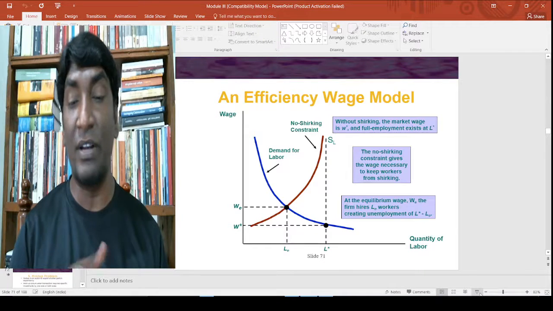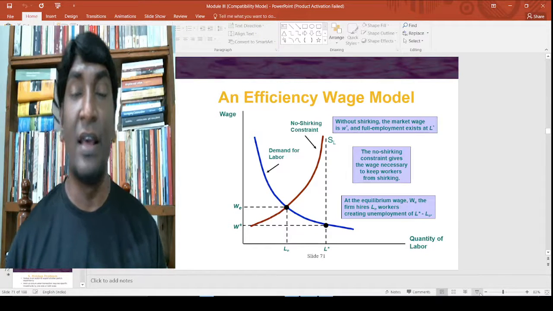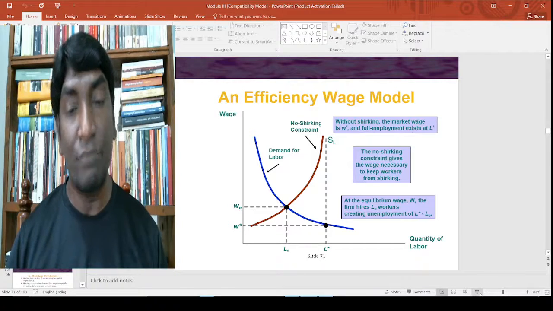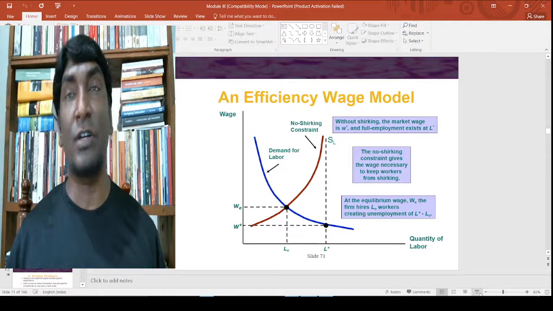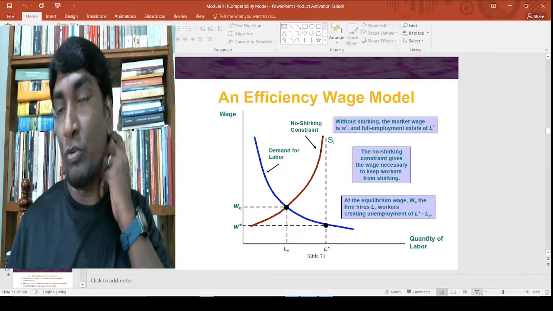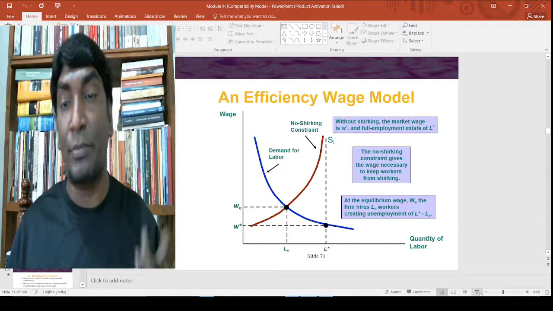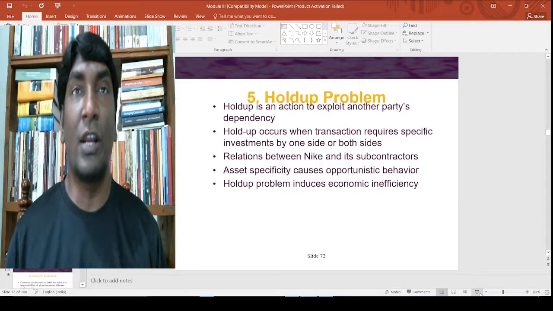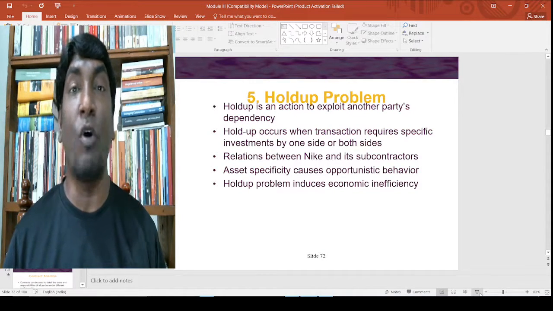Now, if you have a difference between LE and L star, there exists a considerable amount of unemployment, because it is inevitable to have a higher wage in order to reduce shirking. Then we'll look into other aspects like the holdup problem.